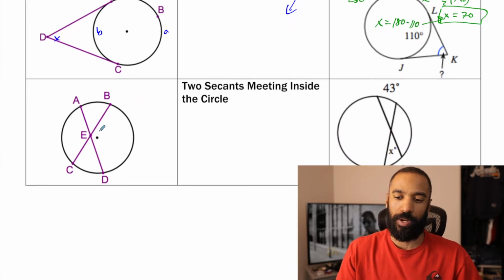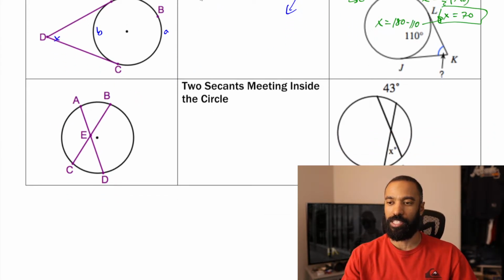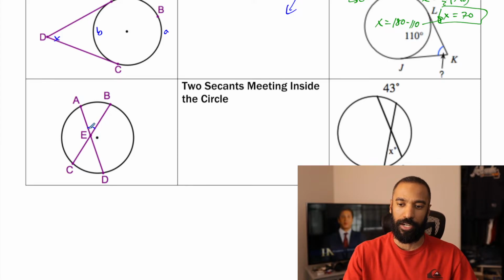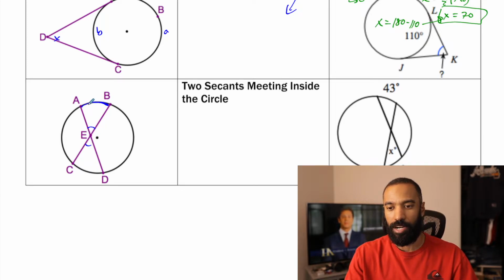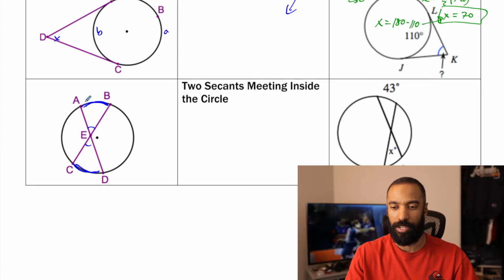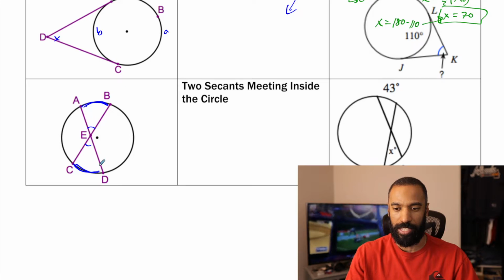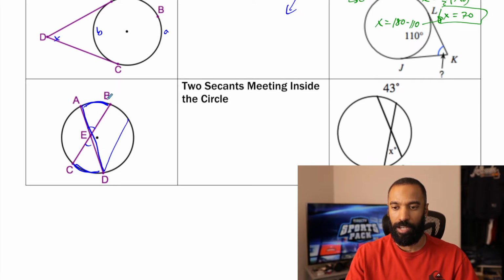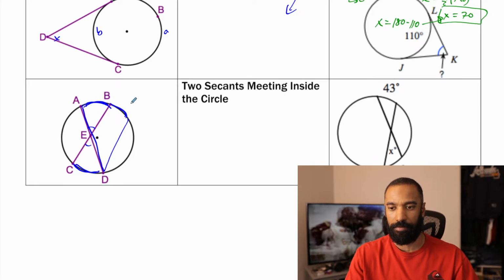Okay, the last one is angle formed inside the circle, and let's say that we were referring to, say, this angle right here. Now, there's a vertical angle pair right here, so whatever this angle is, this is. And they may not have the same intercepted arc, but they will have intercepted arcs. And the idea is that if you added these two intercepted arcs together, it would be equal to, if you place this as an inscribed angle, say right there, it would be this plus that.